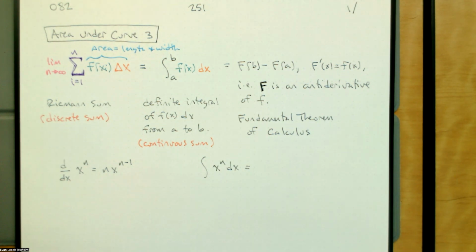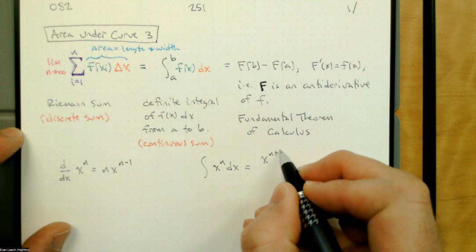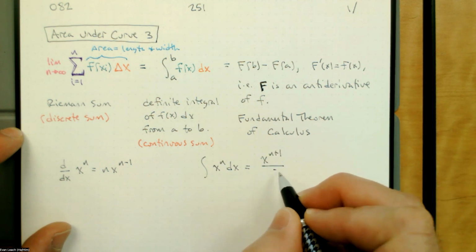To find the derivative, we multiply by the exponent, then subtract 1 from the exponent. So to invert that, we add 1 to the exponent, then divide by the new exponent.